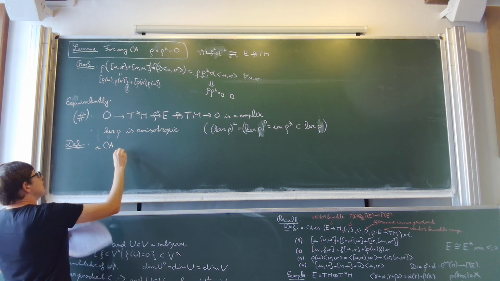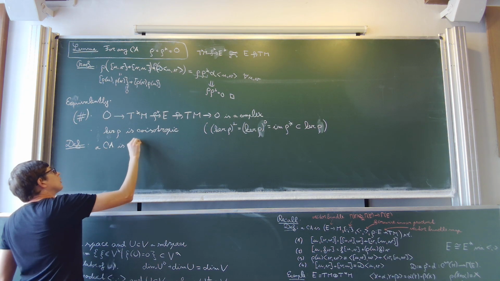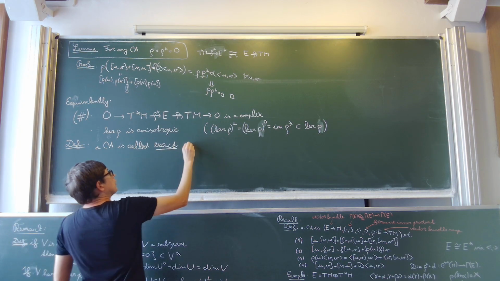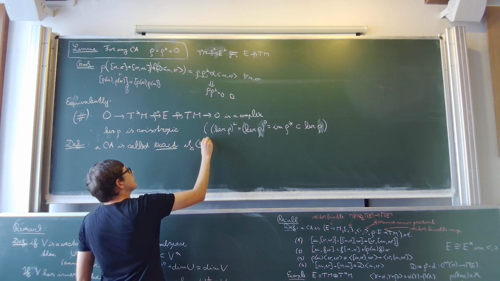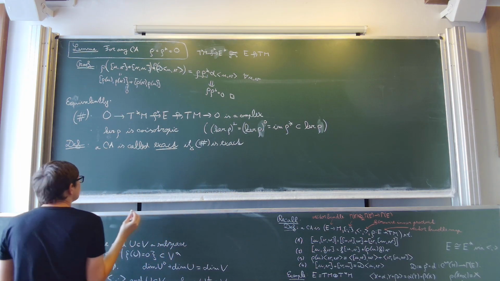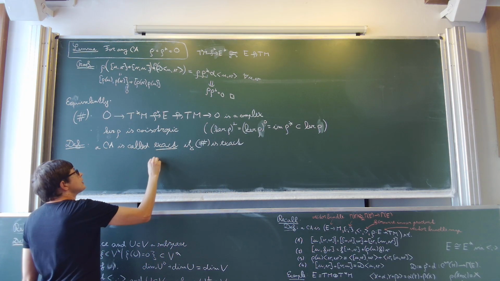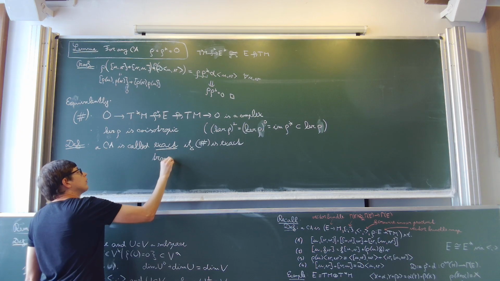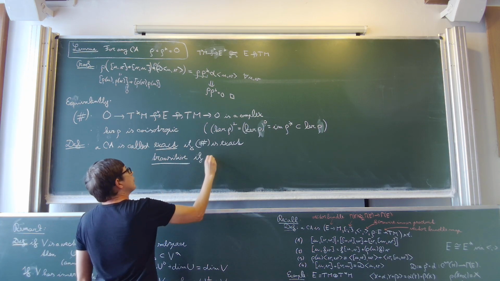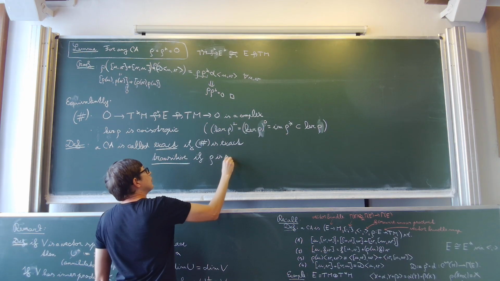So this thing is called exact if that sequence is exact. It's called transitive if row is surjective.